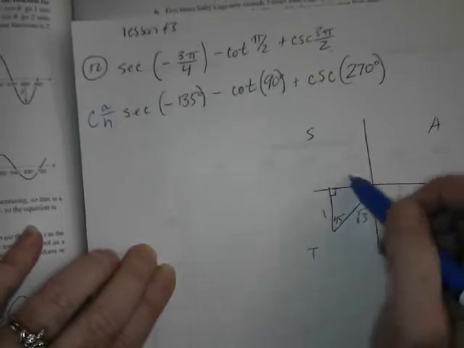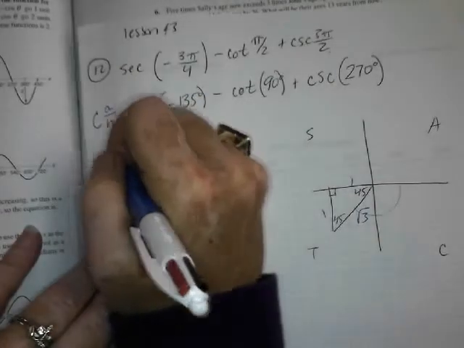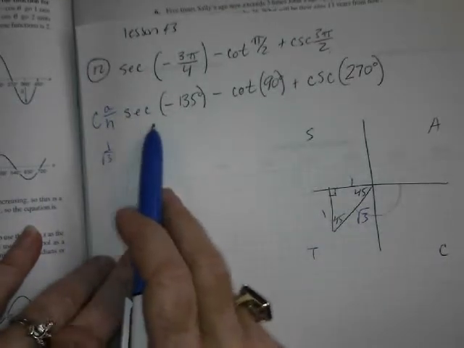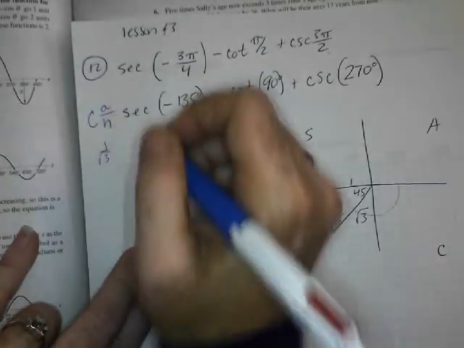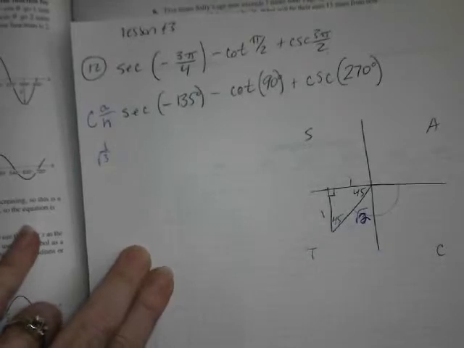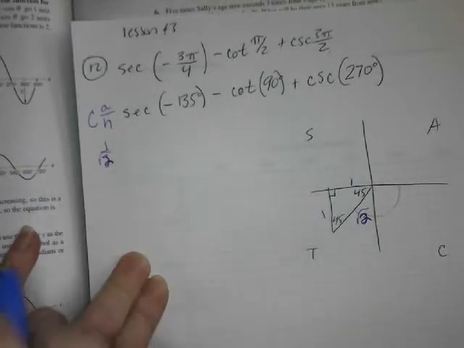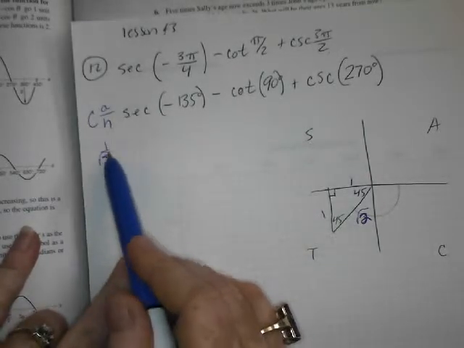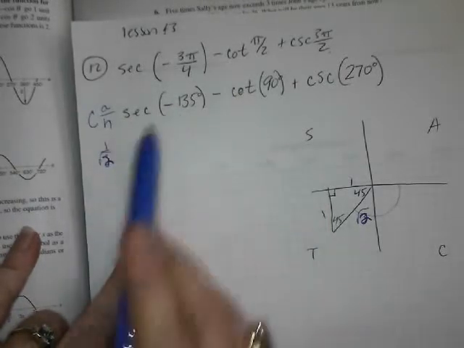So adjacent over, it's 1 over root 3, but it's not really asking for cosine, it wants the reciprocal, so I'm going to say it's root 3 over 1. Isn't it root 2? Oh, root 2, sorry. Oh, thank you. Should I delete this whole thing? That's embarrassing. No, I'll leave it. People make mistakes. Thank you for correcting me. So the reciprocal of 1 over root 2 would be root 2 over 1.